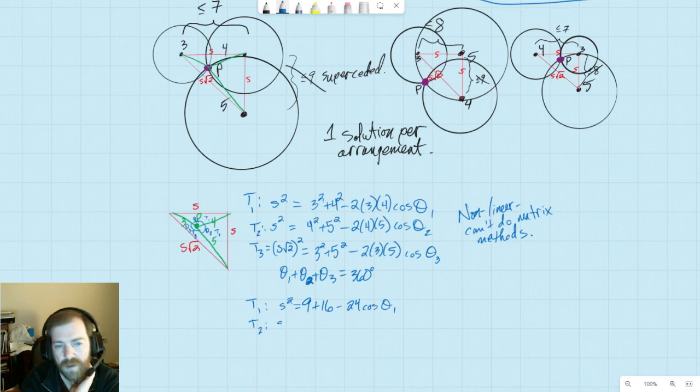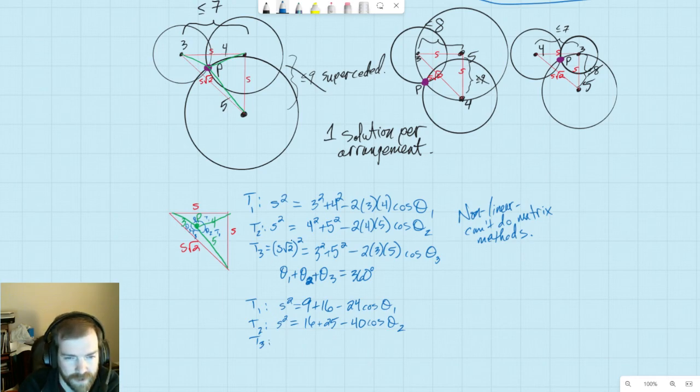T2: s squared is going to be 16 and 25 minus 2 times 4 times 5, that's 40 cosine theta 2. That's probably the harder way to do it.